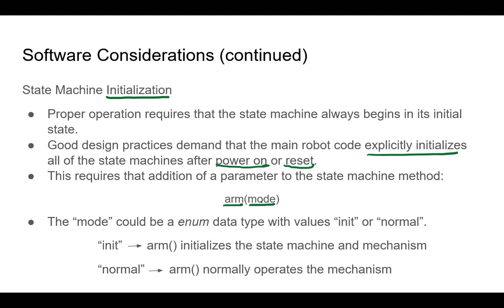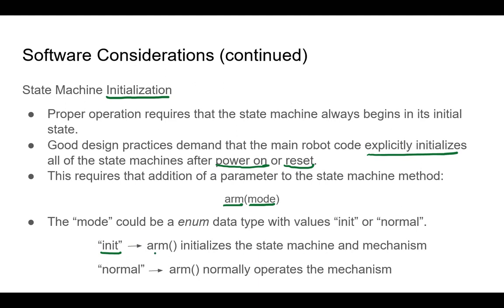Now, the mode could be an enum, or it could be an int, or anything you want. But typically for initialization, we want to call the state machines with the mode indicating that the state machine doesn't run as a state machine, it just initializes itself.